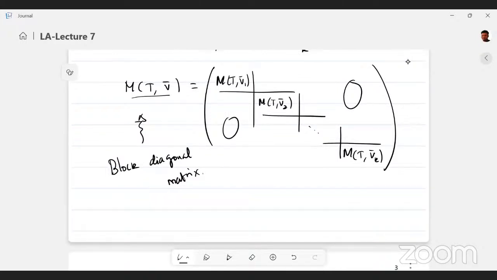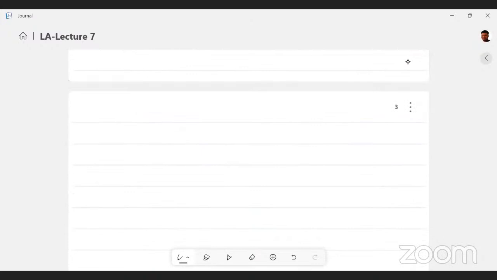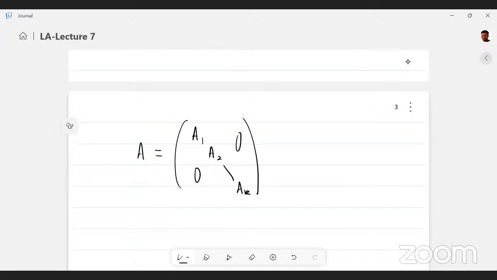One more thing: even writing a matrix in block diagonal form is not that bad, because if you are interested in computation about the matrix, and you write the matrix as A1, A2, etc., AK, a block diagonal matrix, then, for example, if you are interested in finding the determinant of A, that will be just the determinant of A1 times etc. times the determinant of AK.